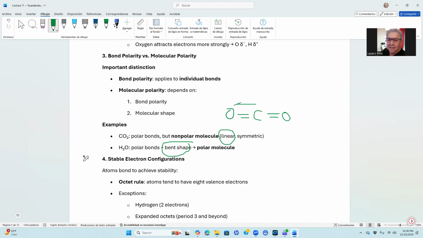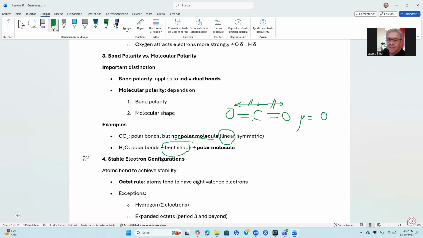This is the direction of the dipole in this bond, and this is the direction of the dipole in this bond. As they are equal but in opposite directions, they cancel out, and the net dipole in this molecule is 0, and we consider that the molecule is non-polar.